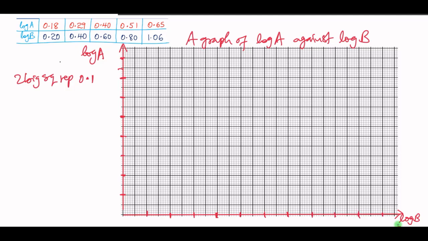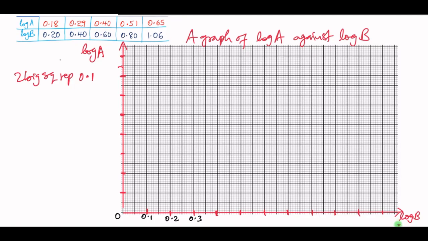So from here, 0, then I have 0.1, 0.2, 0.3, 0.4, 0.5, 0.6, 0.7, 0.8, 0.9, 1.0, and finally 1.1.